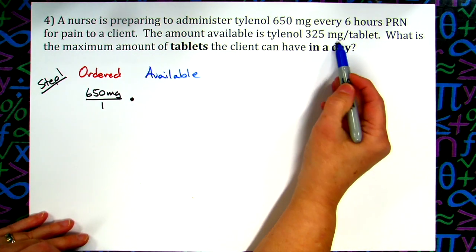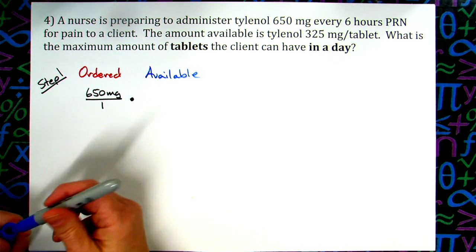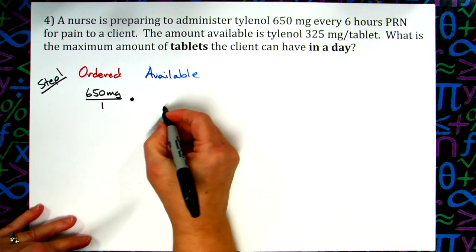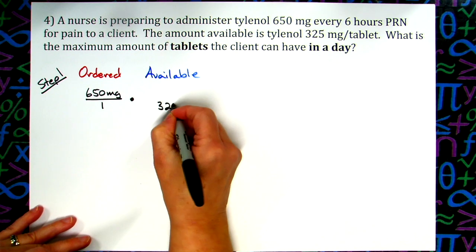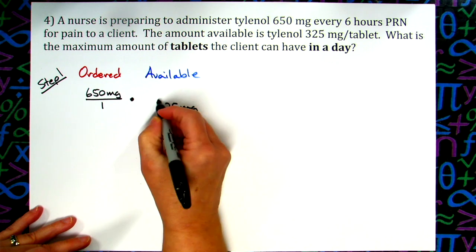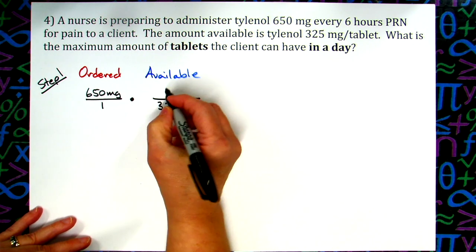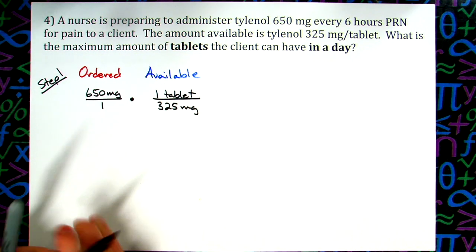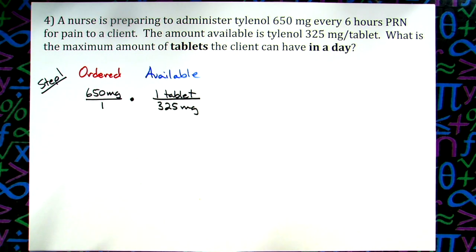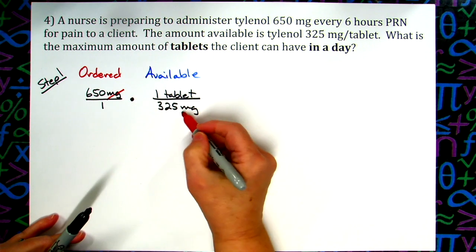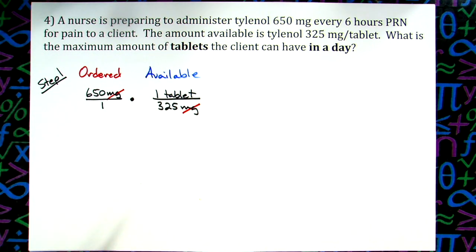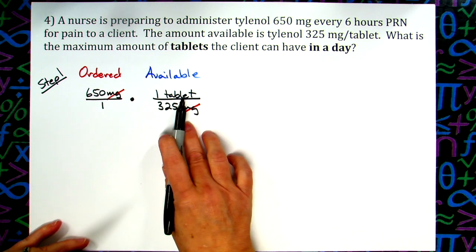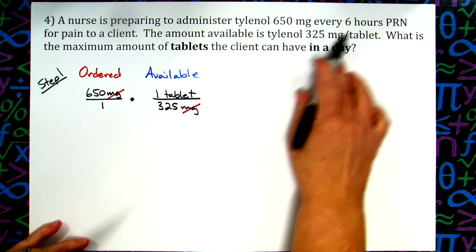So again, we want to set this up in a way so that our milligrams are going to cross out. That means I'm going to need to put the 325 milligrams in the bottom, and then I'm going to go ahead and actually label it 1 tablet in the top. That way we are going to have a label here. Our milligrams and milligrams cross out. So then when I get done right here, I'm going to have how many tablets, every 6 hours.